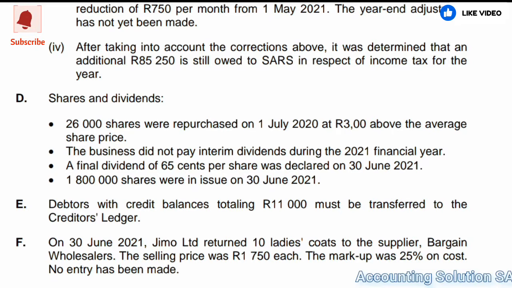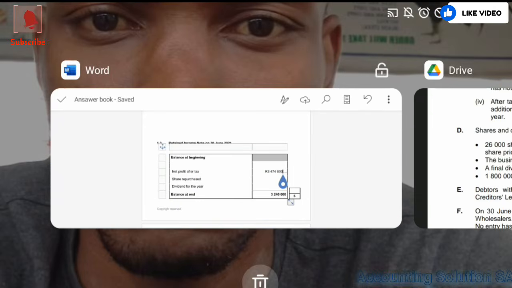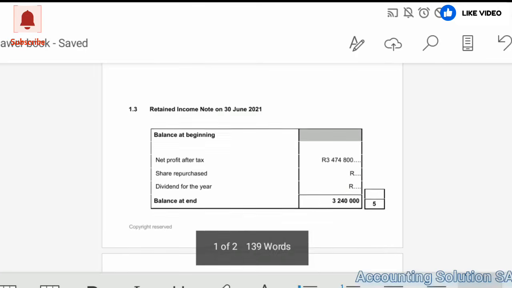A very simple question, guys. However, don't mix up how to calculate average share with what you do when you prepare retained income notes and what you do when you prepare your share capital notes. When you prepare share capital notes, you have to use the average share that you need to recalculate. But in this case you're just going to say 26,000 multiplied by 3, which gives you an amount of 78,000, and you just record it under share repurchase.